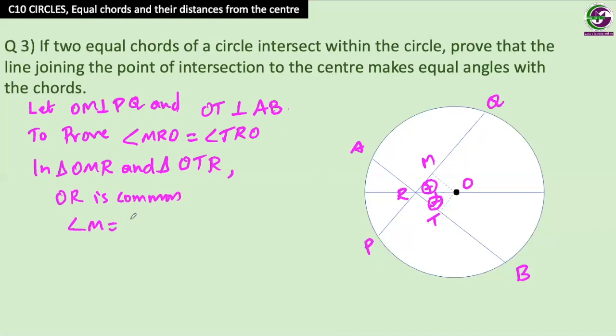Angle M is equal to angle T is 90 degrees because they are the perpendiculars, or they are the distances from the center. Because the chords are equal, OM is equal to OT. Equal chords are equidistant from the center.